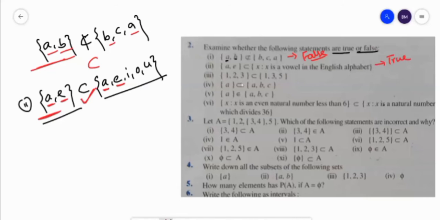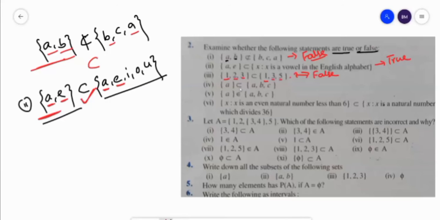Next, number 3. Check, already written {1, 2, 3} is a subset of {1, 3, 5}. In this set 2 is not there. If it is given 2, then we can say that it is a subset. But as 2 is not in this set, we cannot say that. So this is a false statement.